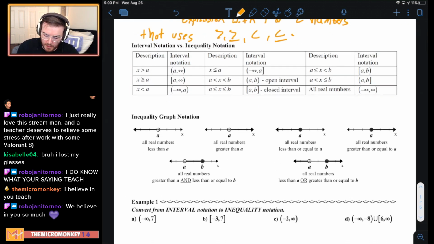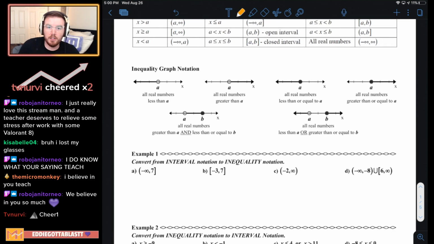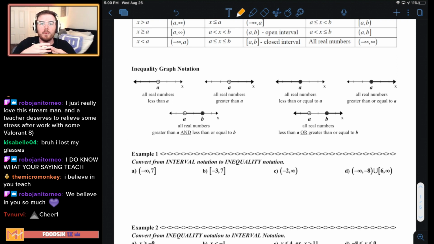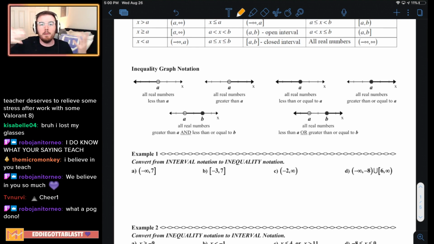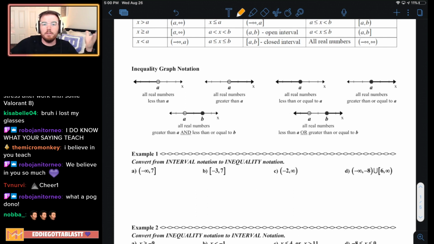So, oftentimes we use inequality notation for representing domain and range, which is also in these notes. But an inequality just represents an interval of numbers, right? Like from 3 to infinity, that's a long range of numbers, or maybe a small range of numbers from 2 to 5.